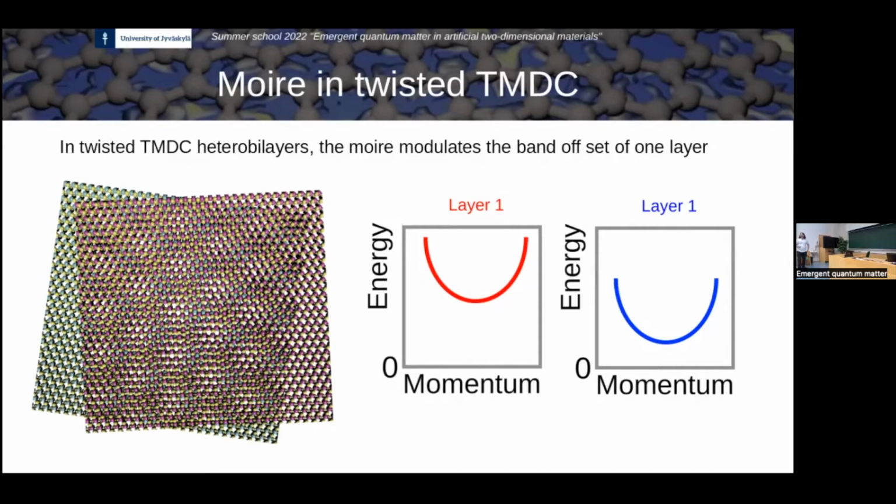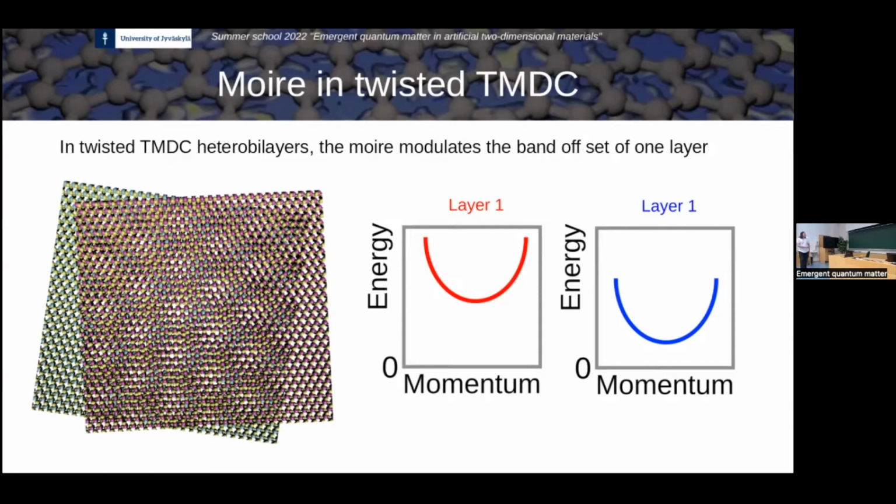So what can actually happen is that at certain energies, you just have states from one material and not from the other one. So at this energy, for example, where the chemical potential crosses the blue band, but not the red one, all your moire states are going to live in one of the layers, and you can understand all your moire states as just coming from the electronic structure of the first layer, reconstructed by the electrostatic potential of the second layer.